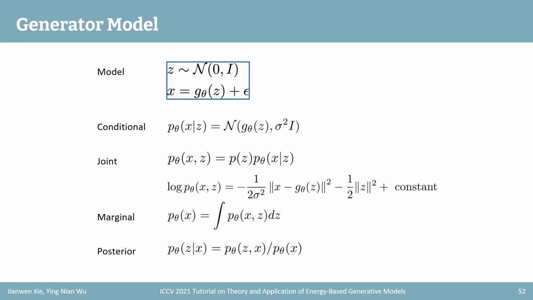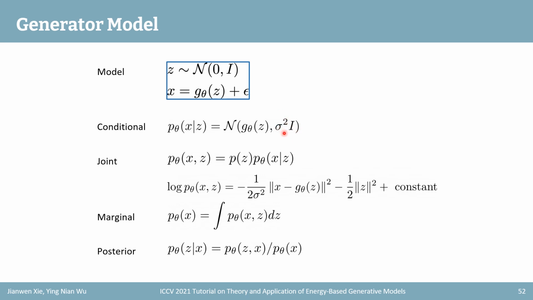This slide shows some important quantities. For example, this generative model defines a conditional distribution of X given Z, which is just a normal distribution with mean G theta of Z and a very simple covariance matrix, sigma squared times identity.